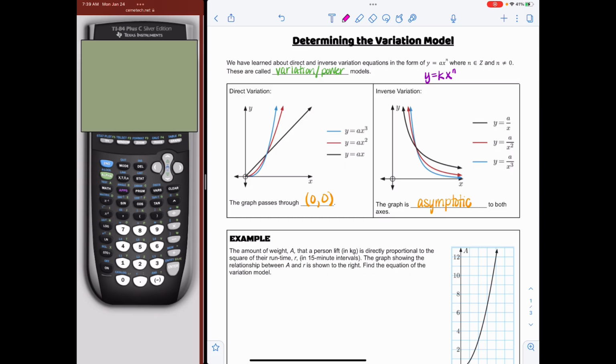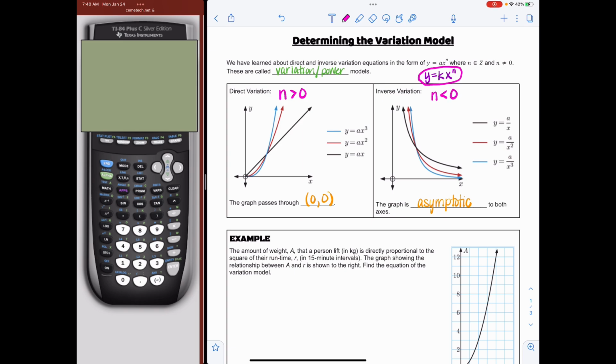So remember, the general form of a variational power model is going to be y is equal to k times x to the power of n here. And we have to understand that with direct variation, n has to be greater than 0 or positive, and with inverse variation, n will be negative or less than 0.